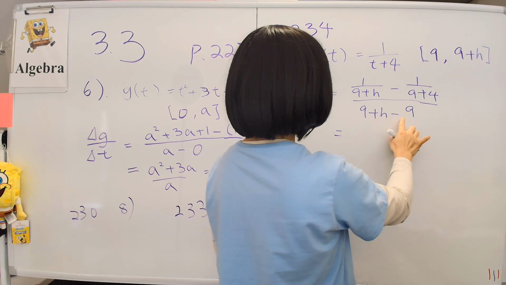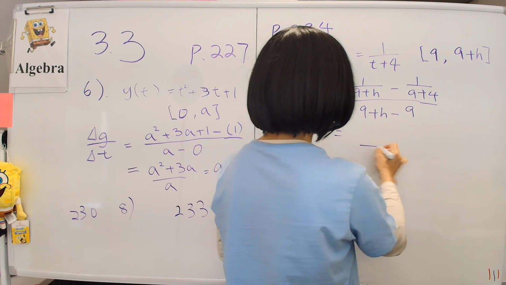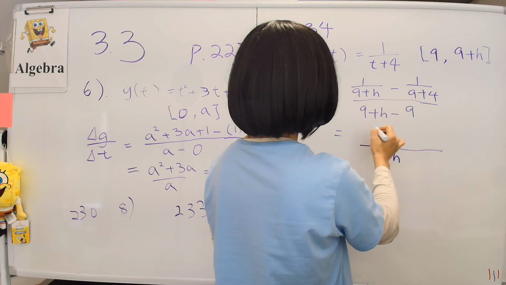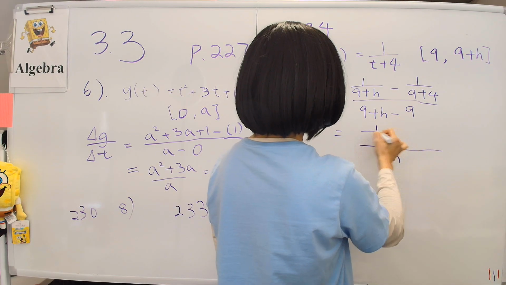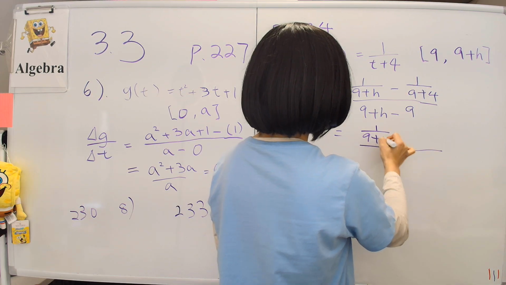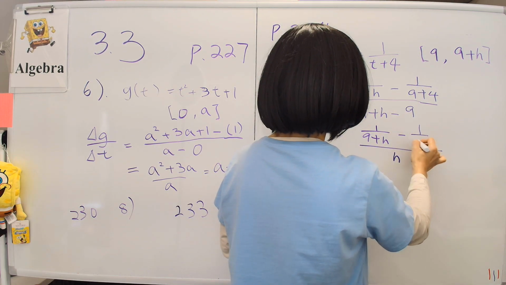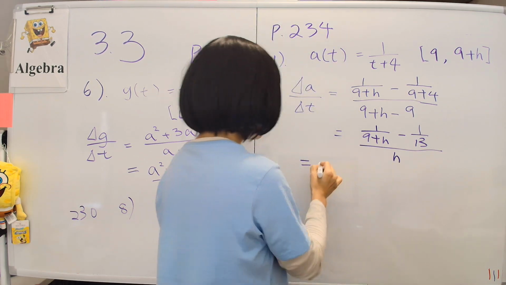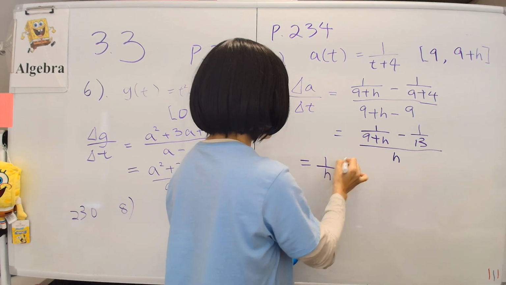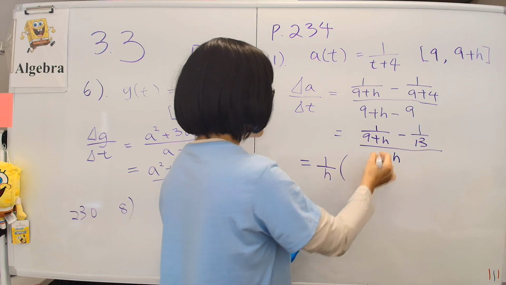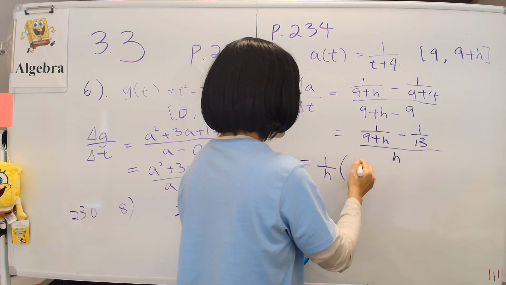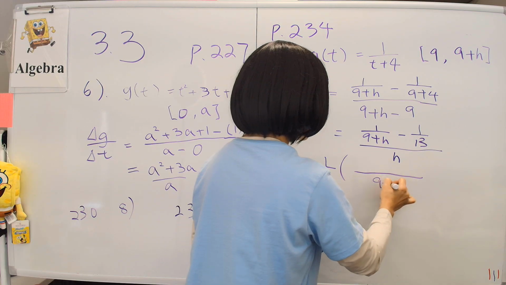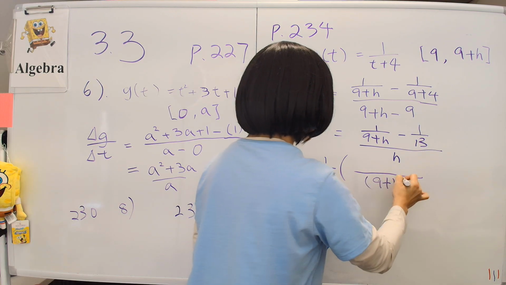Okay, so on the bottom we have 9 minus 9, so we only have h left. On the top we have 1 over 9 plus h, minus 1 over 13. So what we're going to do is write the h as a fraction on the side, and this whole thing is written with a common denominator of 9 plus h and 13.